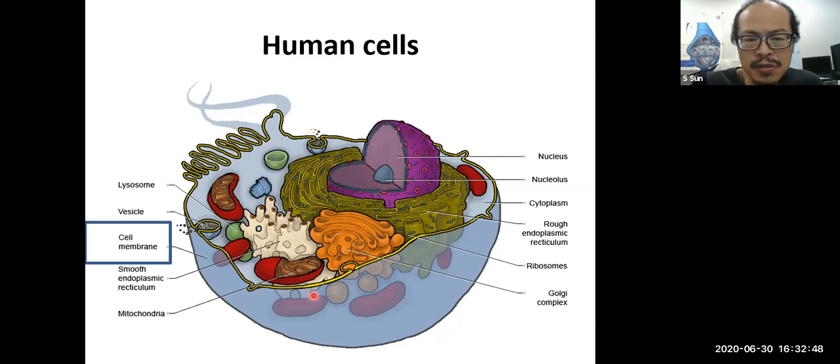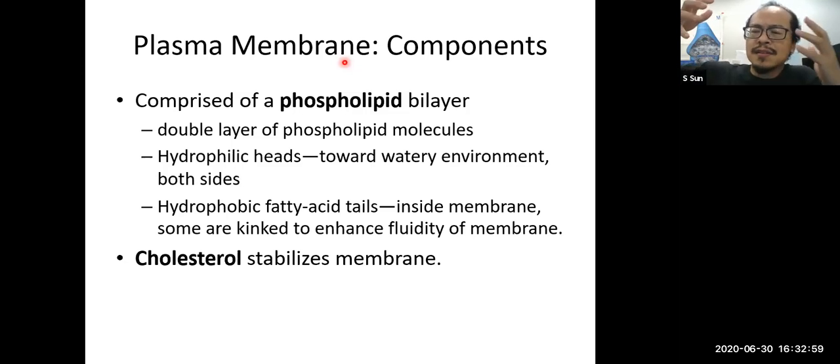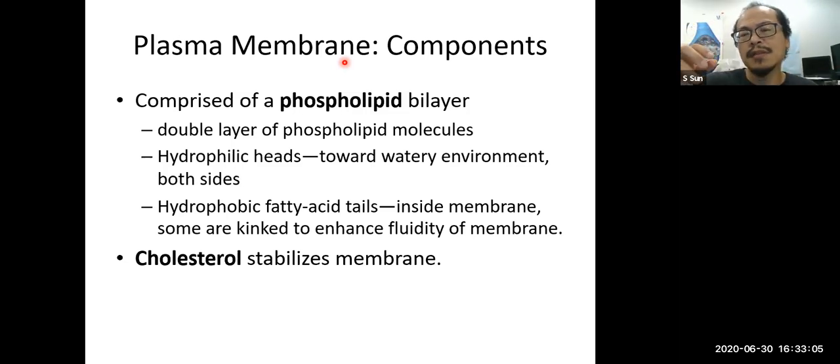So it has a special term. That's the plasma membrane, right here. When people talk about cell membrane, they talk about all these membranes in different organelles. But when people talk about the plasma membrane, they specifically talk about the membrane of the cell wall.